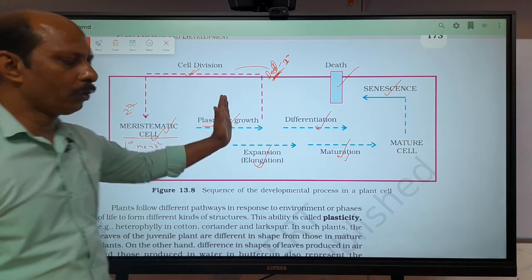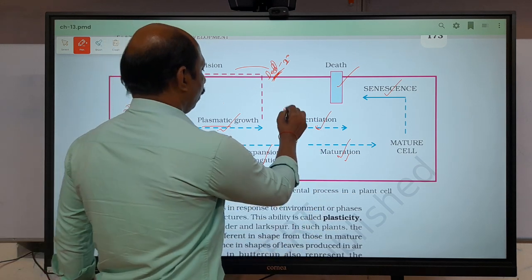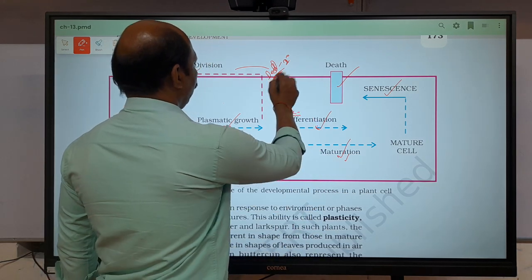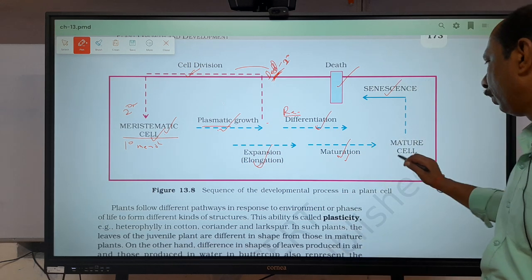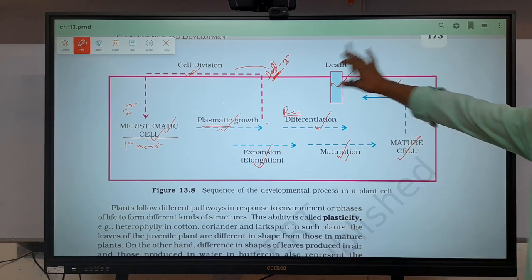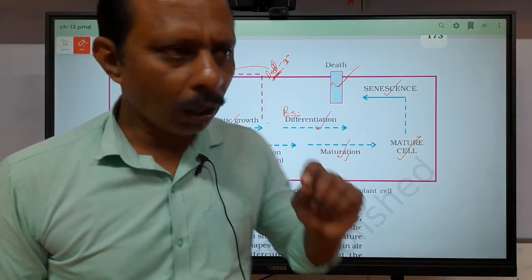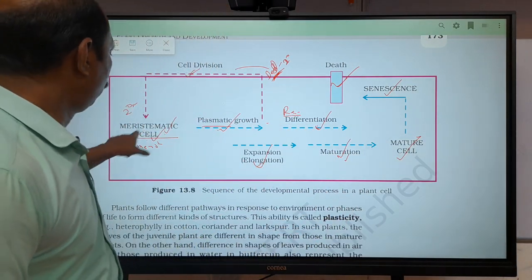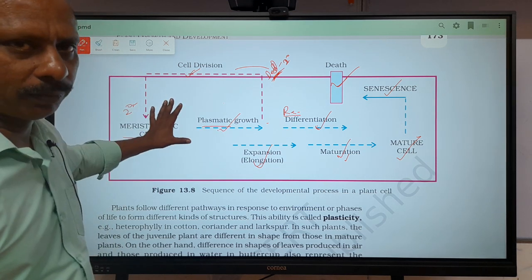Once more plasmatic growth, expansion is there, then redifferentiation is there. Here dedifferentiation. After redifferentiation, they form mature cells, and these cells after some time become old and then die. So either from dedifferentiation or from promeristem, meristematic cells are formed.